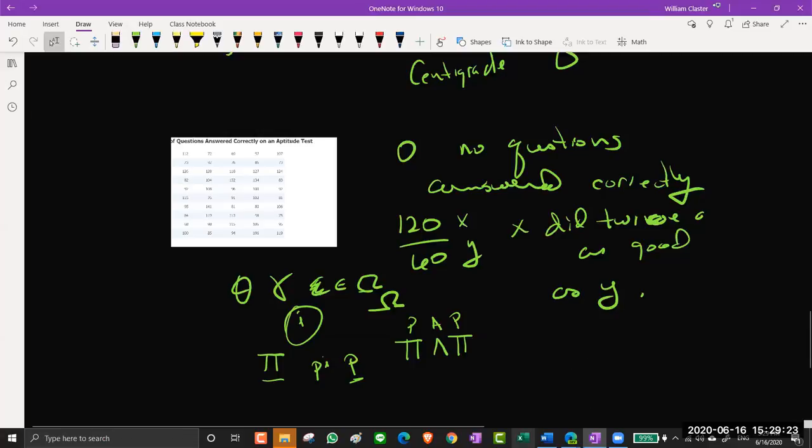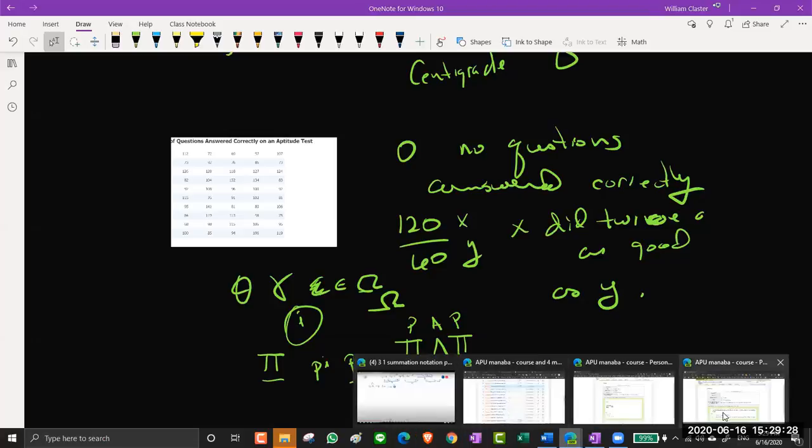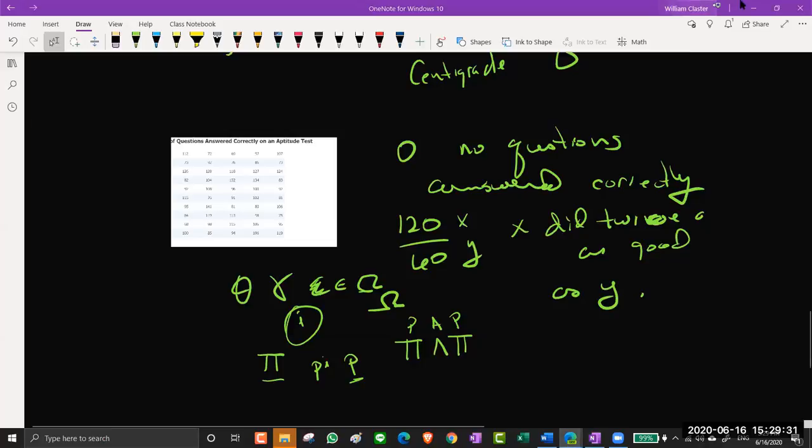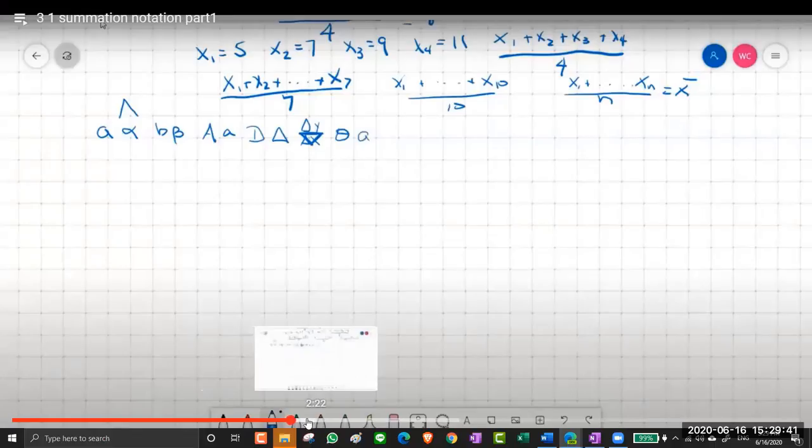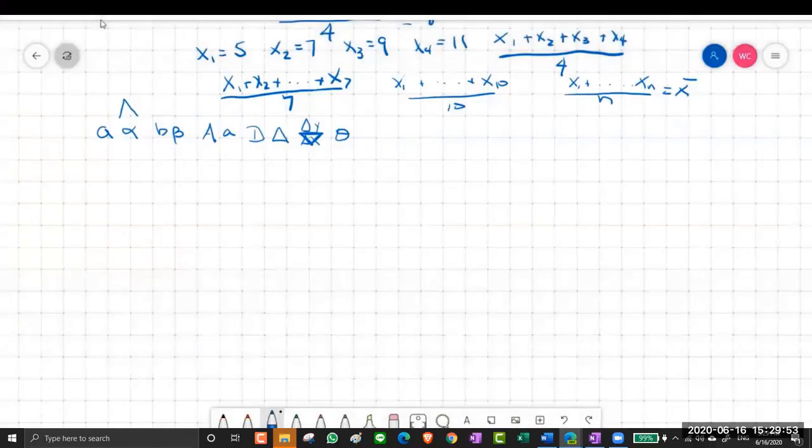Now, why do they use them in math? In mathematics, we use some Greek letters just to distinguish them, so that you don't think it's just part of a sentence.